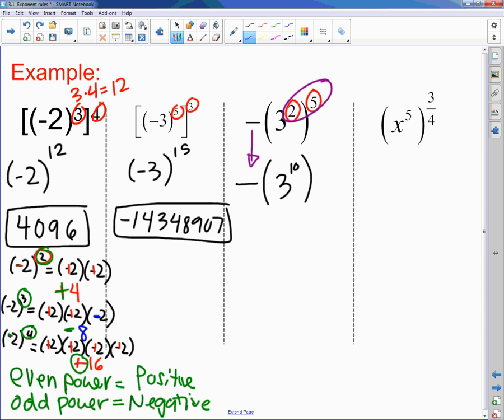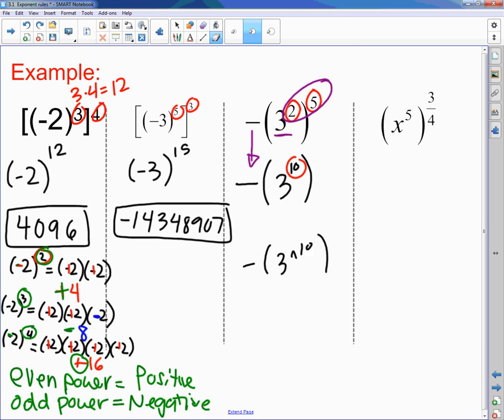Those two exponents are just affecting the 3, okay? So that one will stay negative, even though the exponent is positive, because the exponent's not affecting the negative.